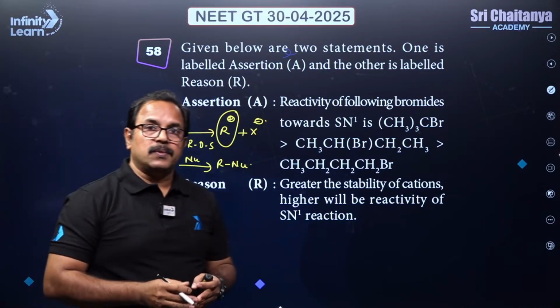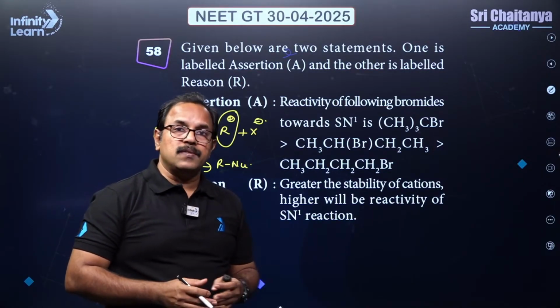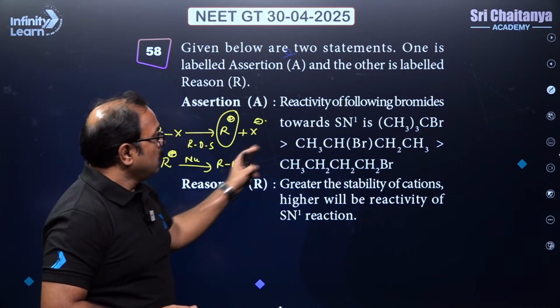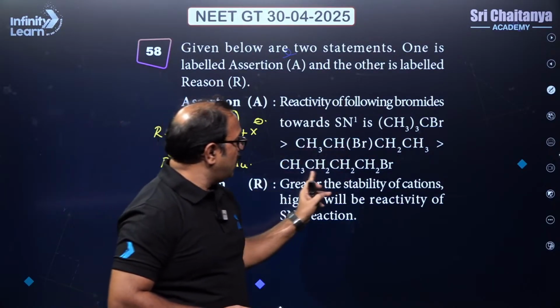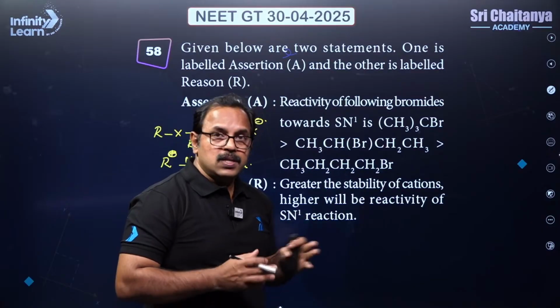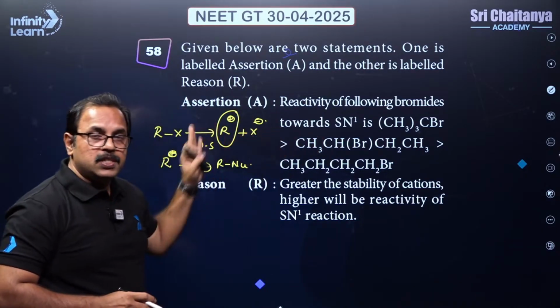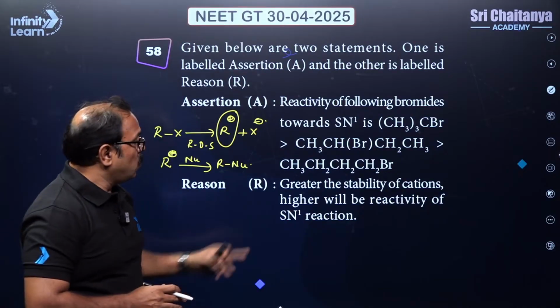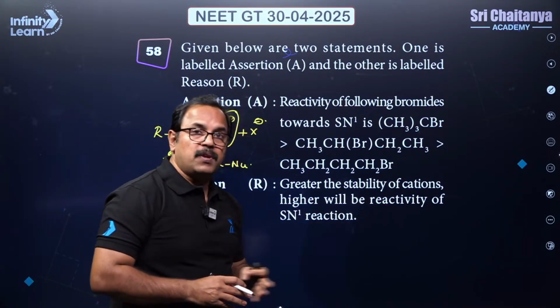Whichever halide can form the more stable R plus will undergo reaction faster. So here they have given tertiary halide, secondary halide and primary halide, that is the order of reactivity. And SN1 is banking on what concept? The stability of cation. So greater the stability of cation, higher will be the reactivity in SN1 reaction.